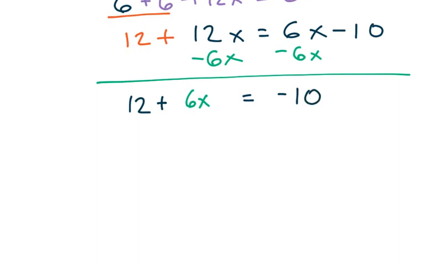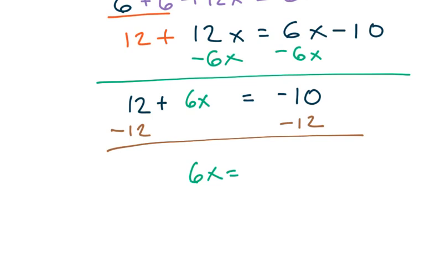Okay. Then from here, I'm going to subtract 12 from both sides, and this gives me 6x equals negative 22.